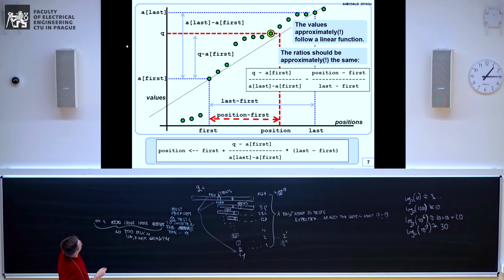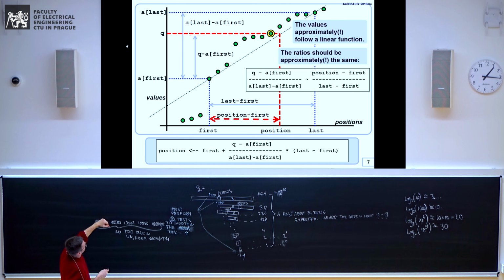So, for example, if your query is in 3/4 of the whole interval between first and last, then its position should be also in 3/4 of the length of the interval between first and last position. Therefore, you might say, all right, the ratio of this length and this length is the same as the ratio of the longer length and this shorter length. So it is exactly what happens here.